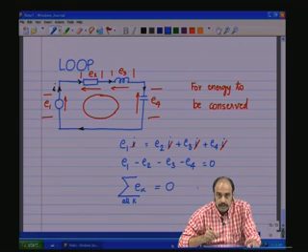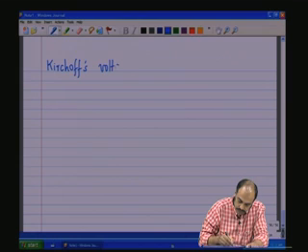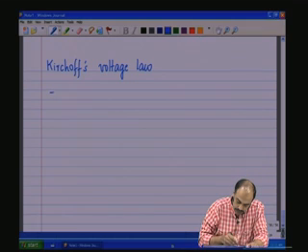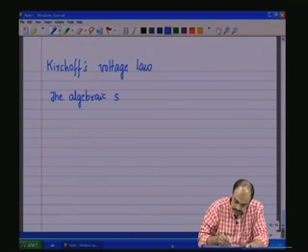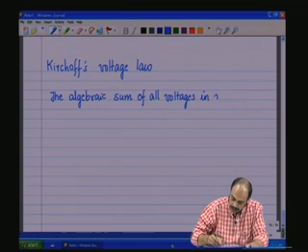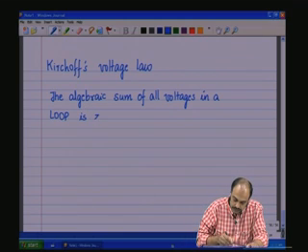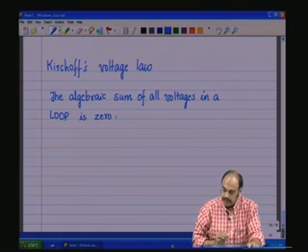This statement is the Kirchhoff's law. So, what it basically states is Kirchhoff's voltage law: the algebraic sum of all voltages in a loop or voltage junction is 0 at every instant of time.